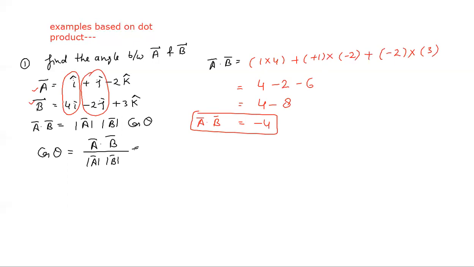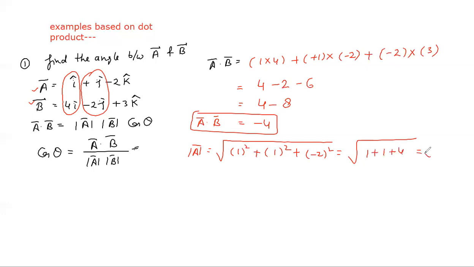Okay. Now what is the value of mod A? Mod A is the under root of the sum of squares of the coefficients. The coefficient of i is 1, the coefficient of j is also 1, and the coefficient of k is -2. So we get 1 plus 1 plus 4, that means under root 6.